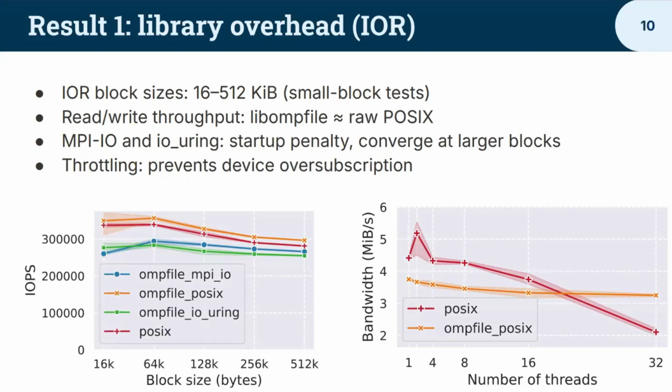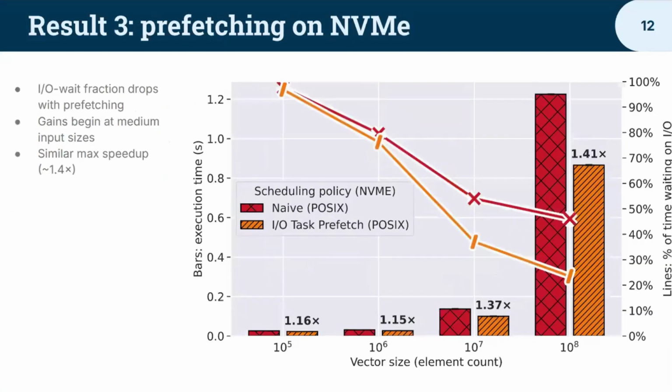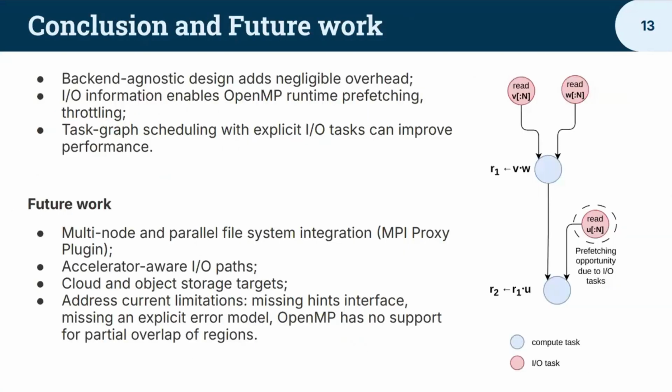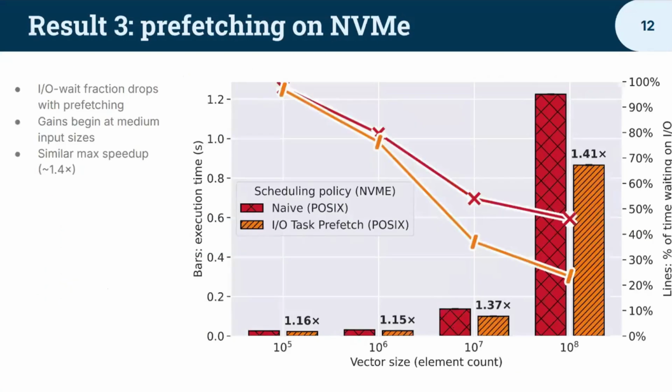Rodrigo, can you explain again the results you see in NVMe? In NVMe, yes. Here, just to recap, this is the application running, right? And the orange part is when we have let the runtime prefetch this data. The bar is the execution time, and the line is the time the application stays blocked waiting for IO without any computation to run.